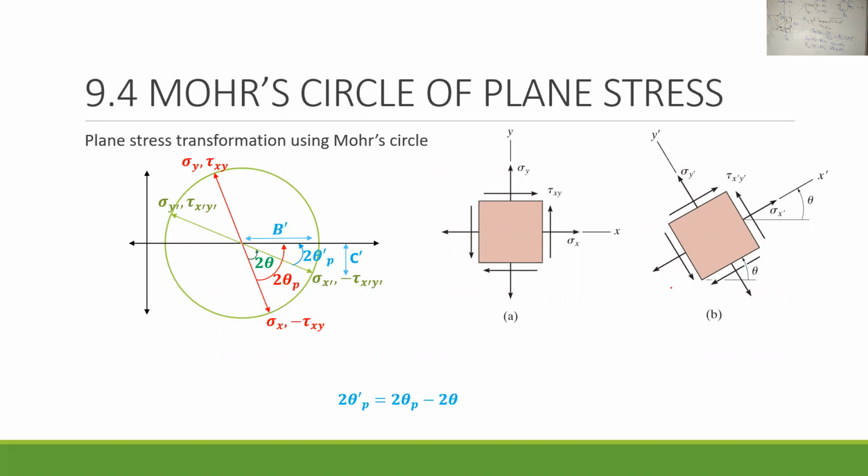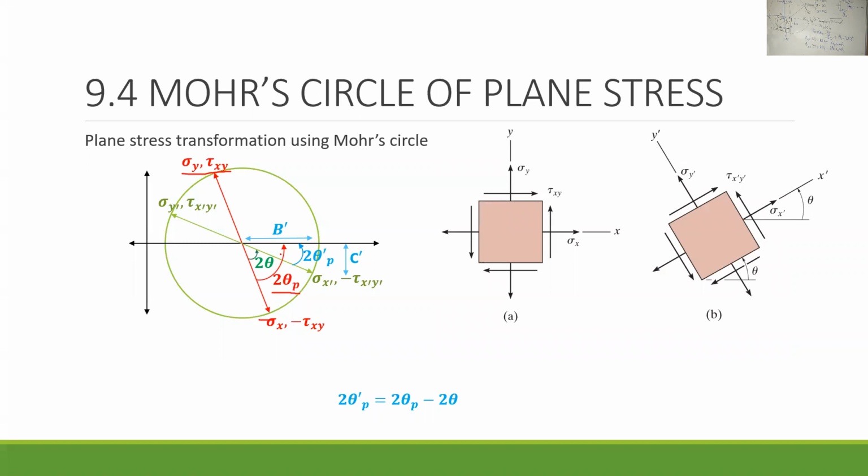Okay, you know, plane stress transformation using the Mohr circle. When you look at this screen, this seems complicated, but it's not complicated. I promise. For example, we have sigma x, sigma y, and tau xy. We draw our Mohr circle by using this angle. First of all, we find the theta p value.